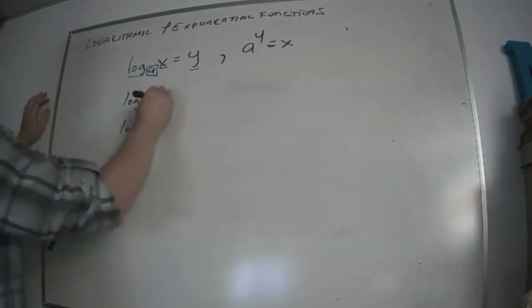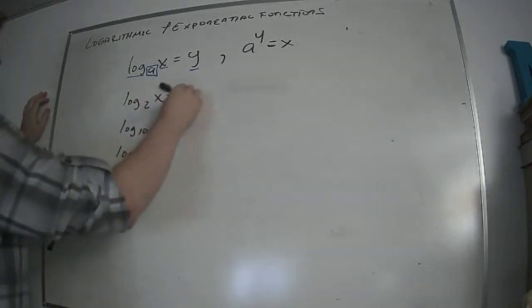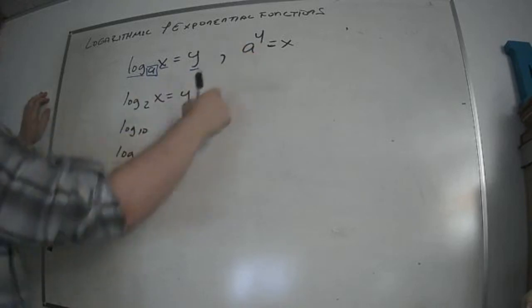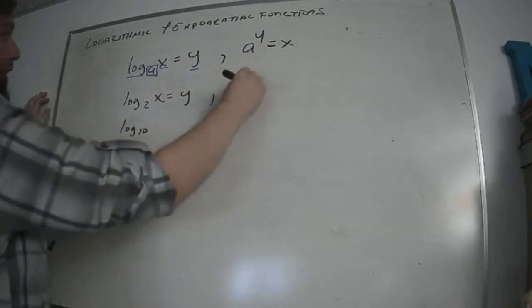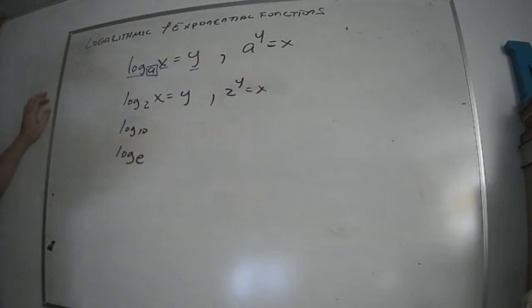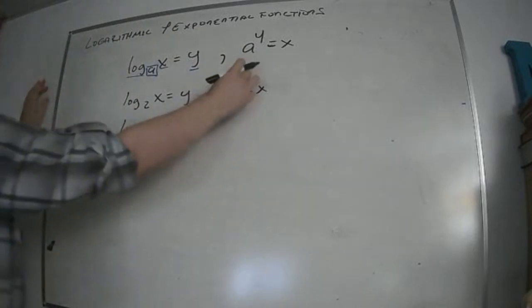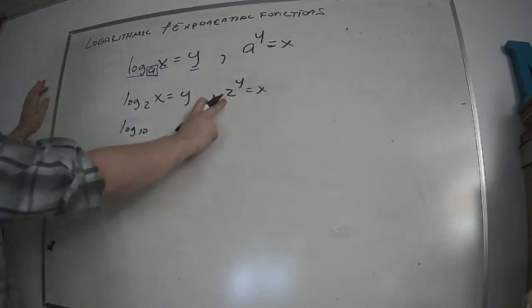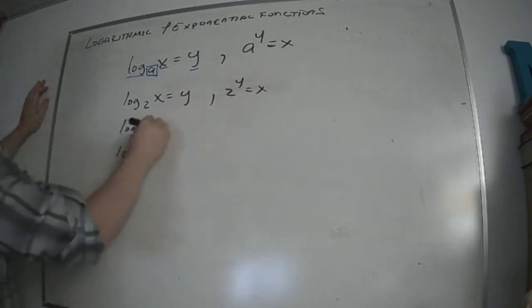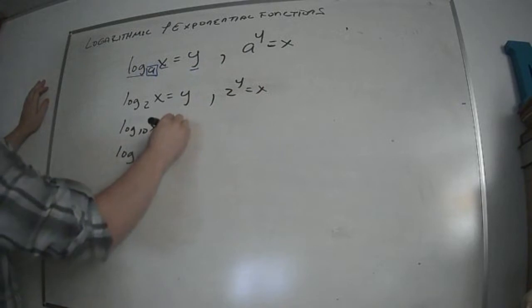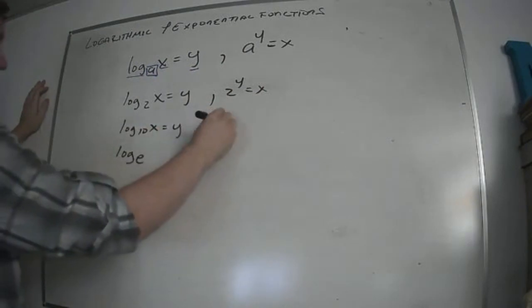Right, so if I say log base 2 of x equals y, I end up with, using this formulation, 2 to the y equals x. So this gives you binary numbers, where as the exponent increases, you go up by powers of 2. Log base 10 of x equals y, same thing, you just put the base here.